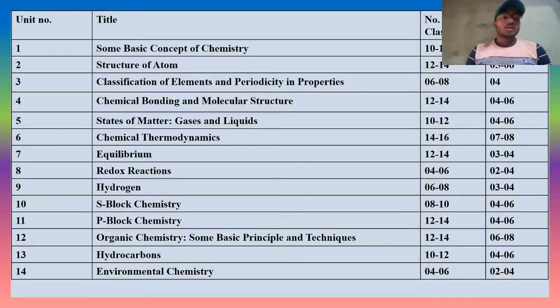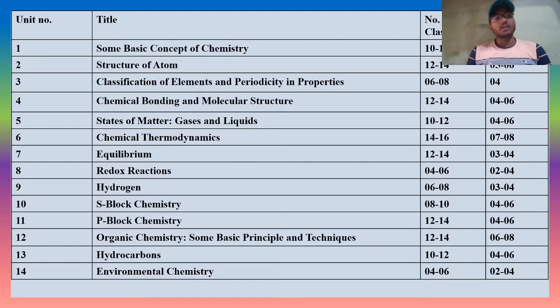Here there are 14 units. I will give you a very brief introduction: for each unit, how many classes I will give and how many marks it covers in your exam.